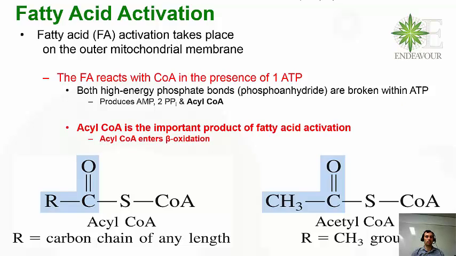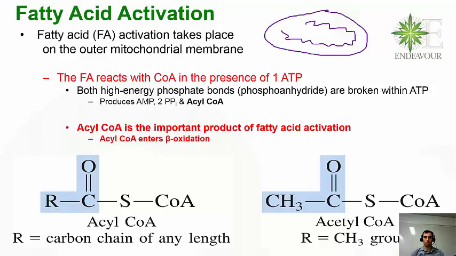So the activation of the fatty acid actually takes place on the outer mitochondrial membrane. So remember the structure of our mitochondria. We've got the outer membrane, and then we have the ruffled inner membrane, and the ruffles form what we call the cristae, which is basically the folded part of the membrane, and then in the center we have the matrix.